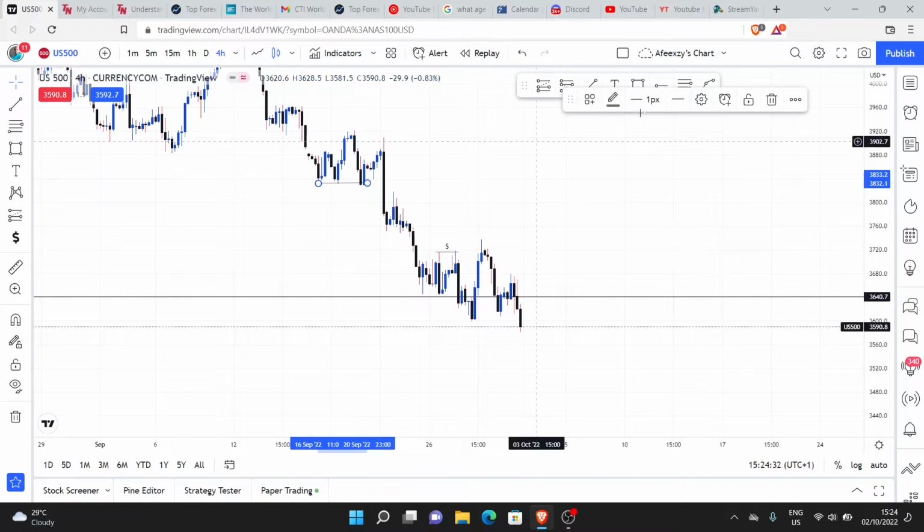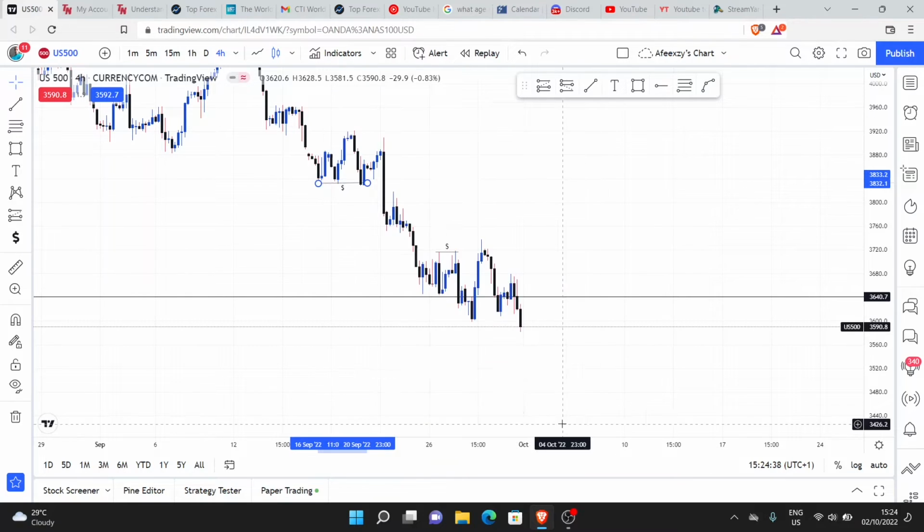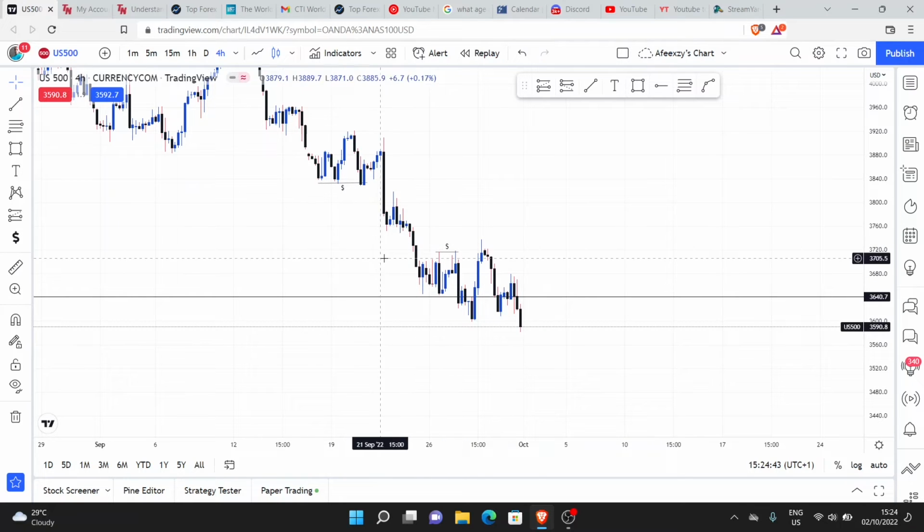Now here is an equal low, and now this was cleared, and this was a breach of structure on the 1-hour time frame. Now here it formed equal highs, and it cleared them before making a downside liquidity grab.